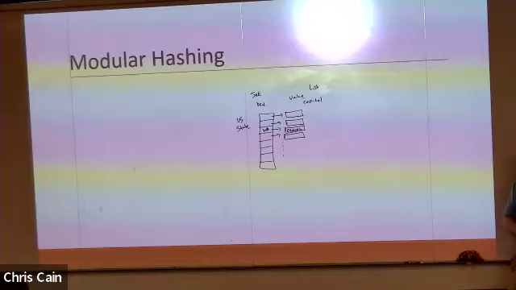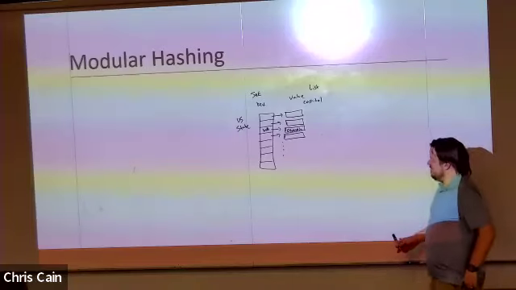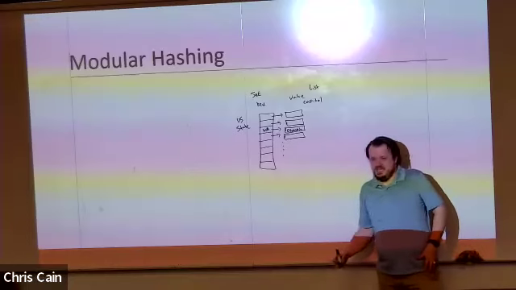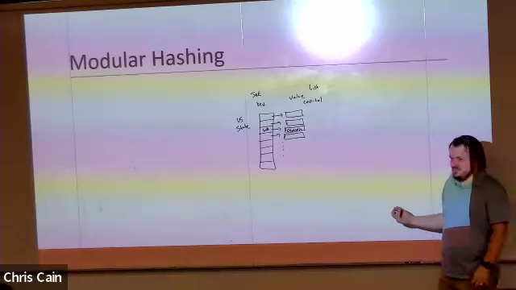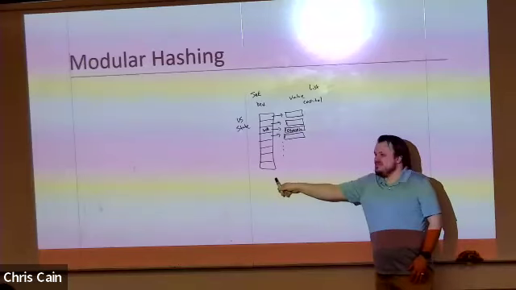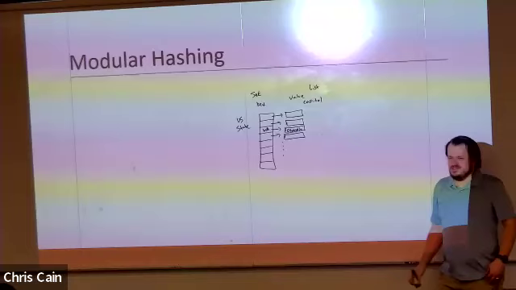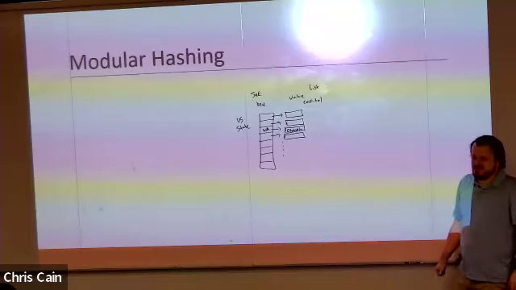Some applications of hash tables. Here are a couple of them. If we want to store anything in a set, that is an example. The key to a map can be stored in a hash.